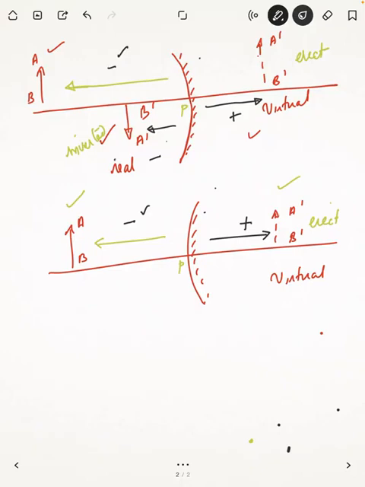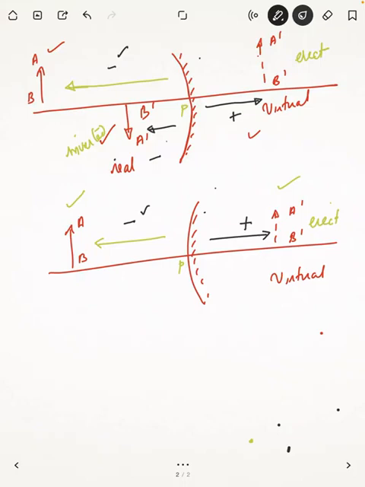A virtual image is formed behind, its distance is measured toward the right side, so virtual image distance is taken as positive. The convex mirror always forms a virtual image, and that is behind the mirror on the right side, so it is taken as positive. U will always be negative. Some more points I will explain on the way when we discuss the mirror formula. So this is about the sign convention.